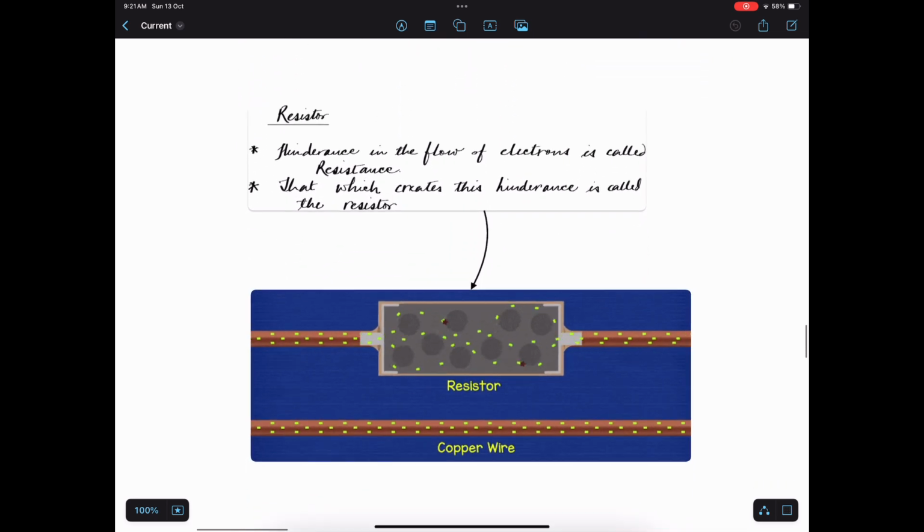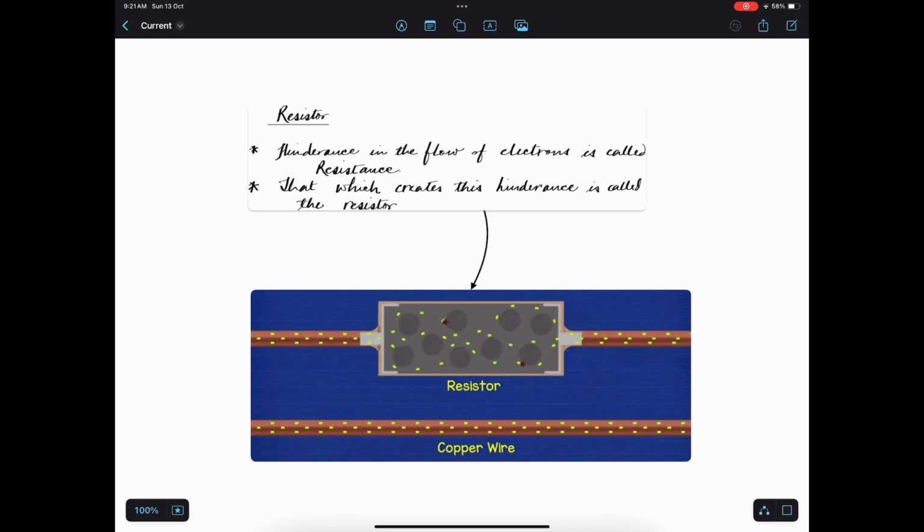Okay, let's come to the resistor or resistance because we're talking about resistance now. As I said, resistance represents the opposition to the flow of electrons. In other words, it is the hindrance in the flow of electrons. Resistance, which is measured in ohms, can be thought of as the friction that slows down the movement of electrons.